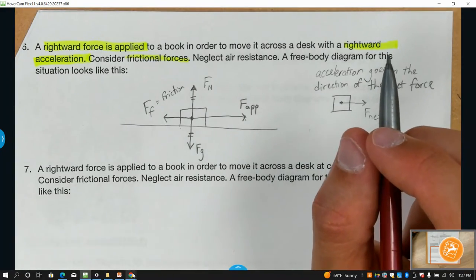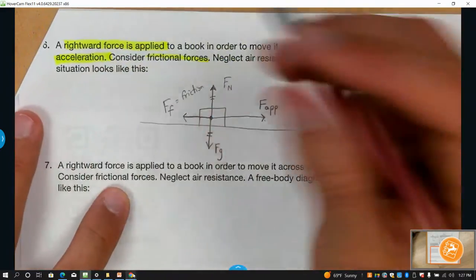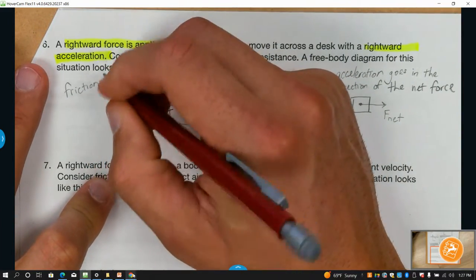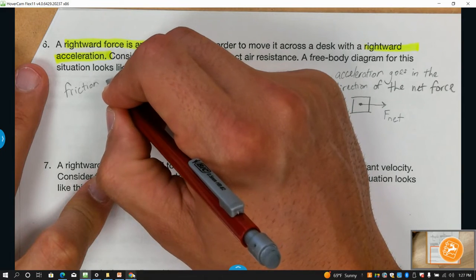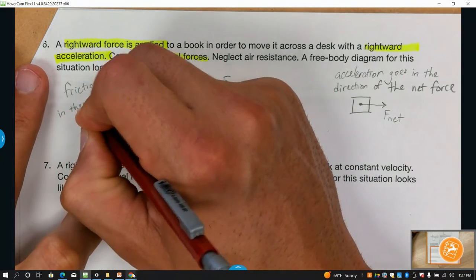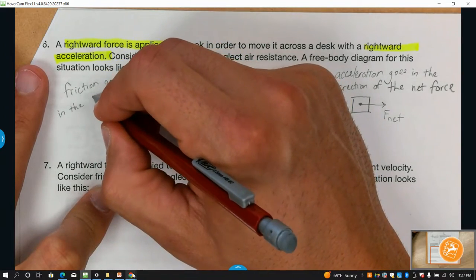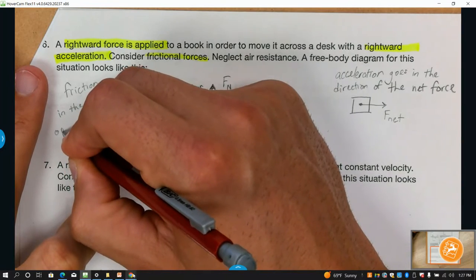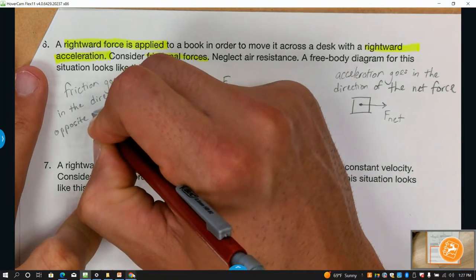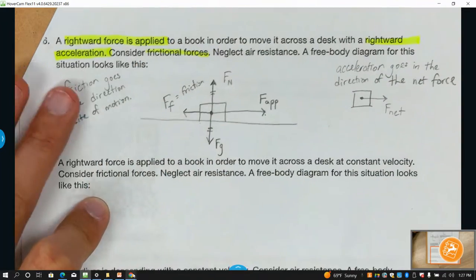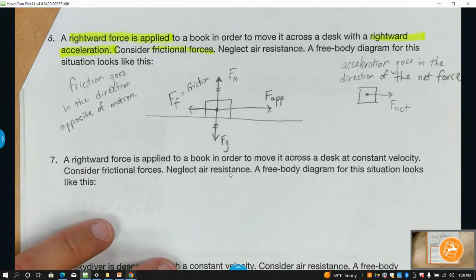We also need to know, as a little side note, that friction goes in the direction opposite of motion.